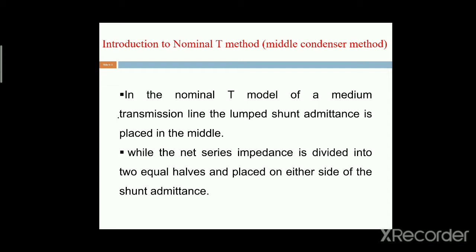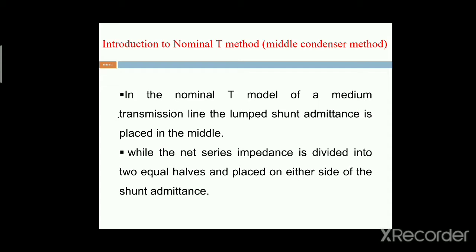The net series impedance Z is divided into two equal halves and placed on either side of the shunt admittance.